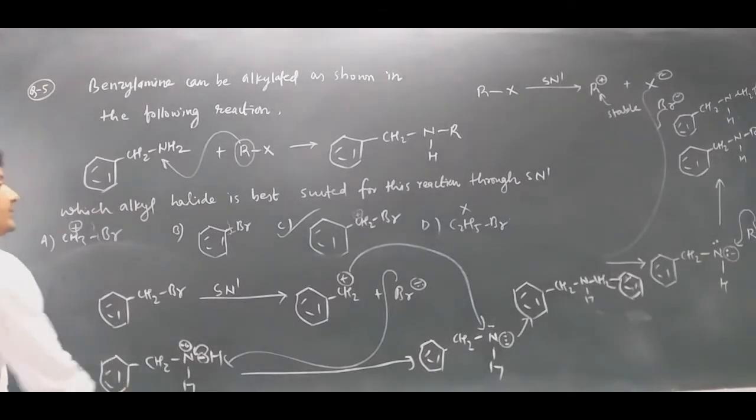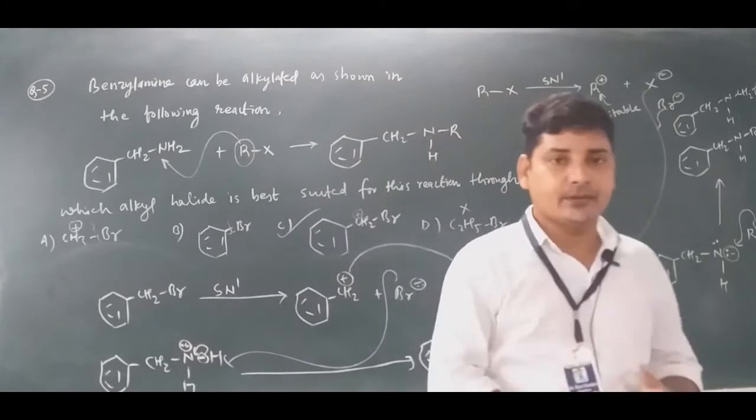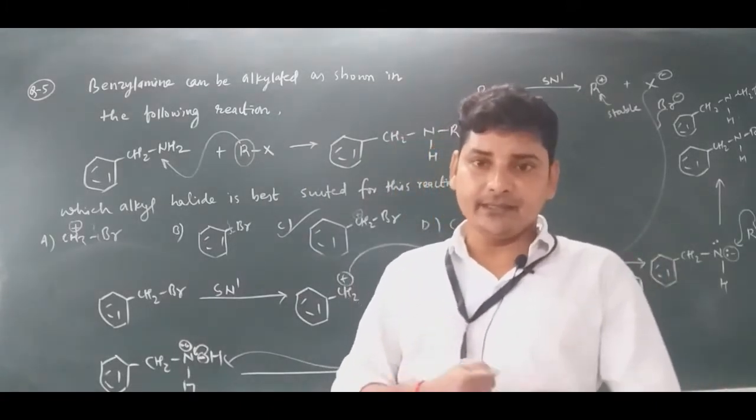So I think this is also clear. The question was not difficult. The problem was to deal with the stable carbocation, and with how the alkylation process of benzyl amine is taking place.